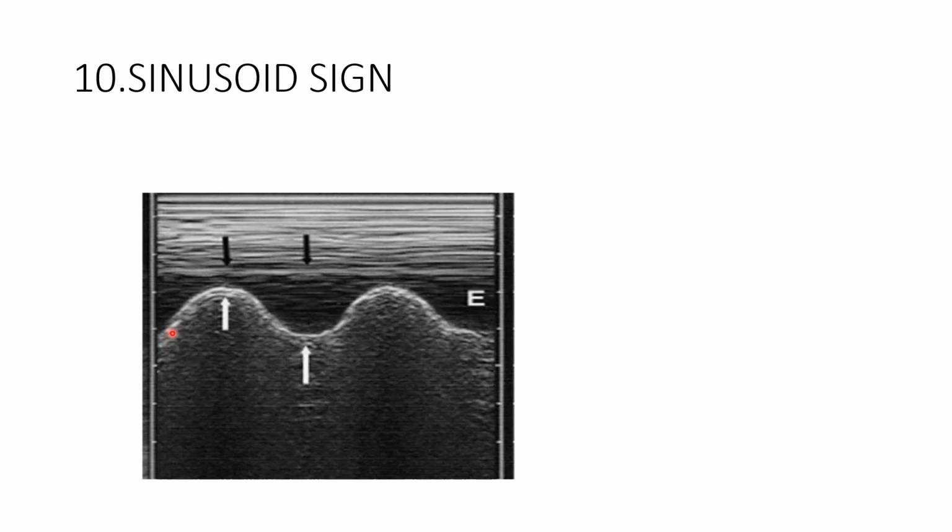So the lung line will move towards the pleural line during inspiration, and it comes backwards during expiration. So this will appear as a sinusoidal pattern, and this is the respiratory variation of the 2 pleural lines, and you can see a reduction in distance between the parietal and the visceral pleura. So this is the sinusoid sign, which is seen in pleural effusion.